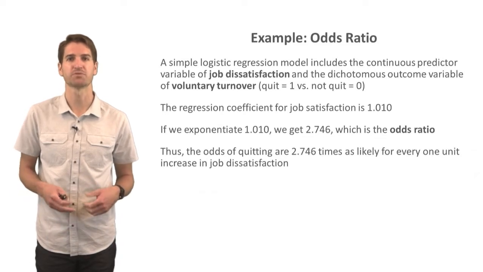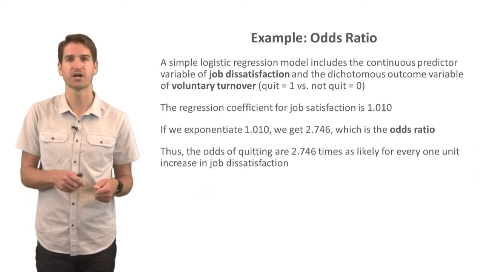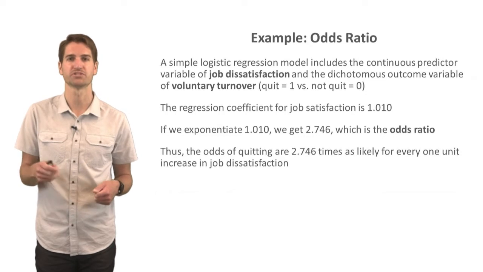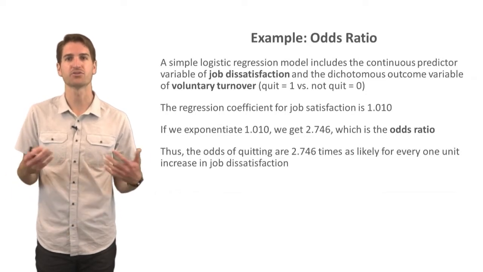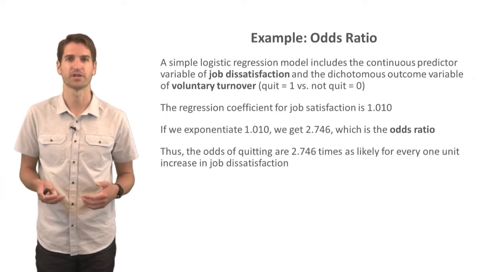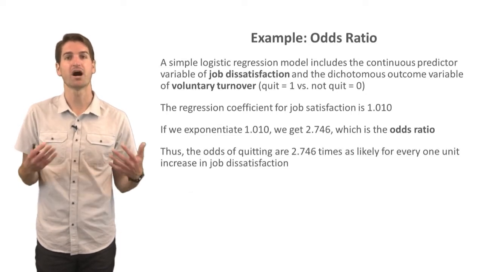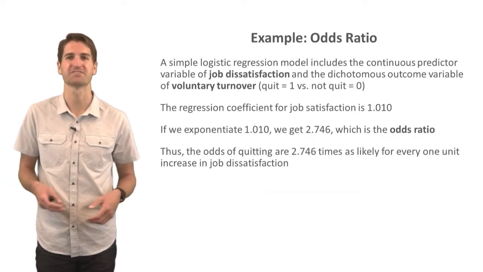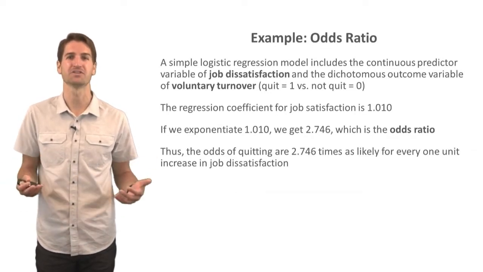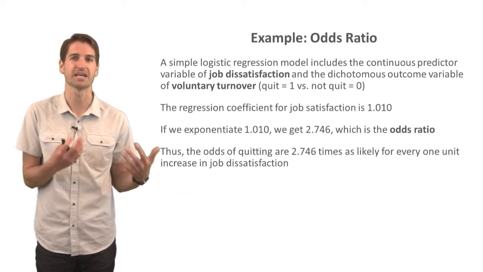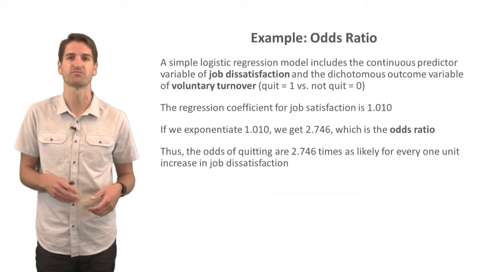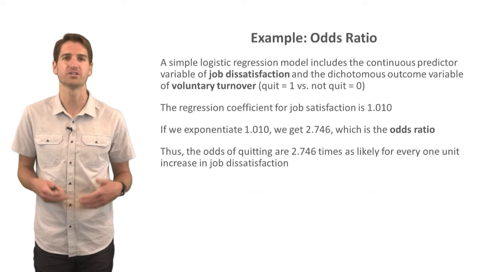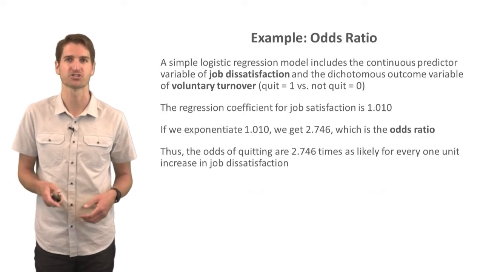And remember, by exponentiating, I mean taking Euler's number to the power of 1.010. This gives us the odds ratio, which is 2.746. Thus, the odds of quitting are 2.746 times as likely for every 1 unit increase in job dissatisfaction.